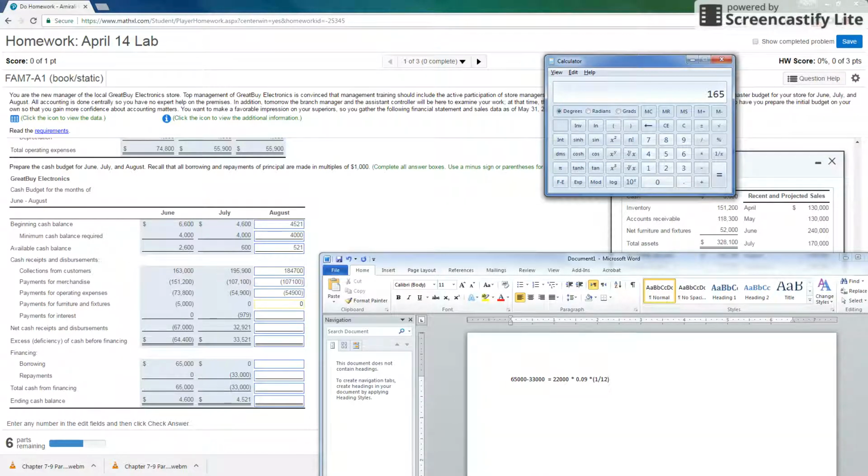I made a mistake here, because 65,000 minus 33,000 is not 22, it's 32. So 32,000 multiplied by 9 divided by 12 is 240.